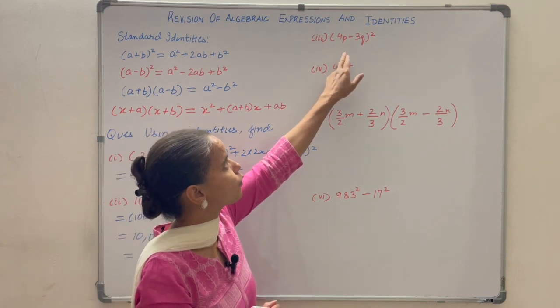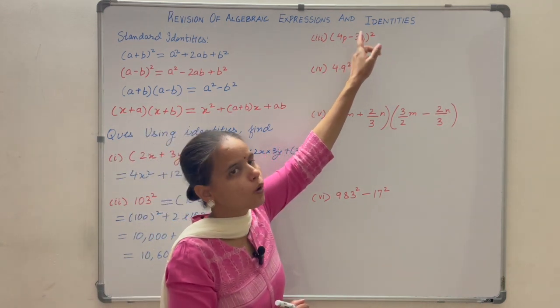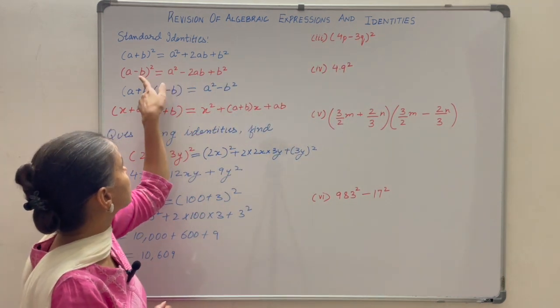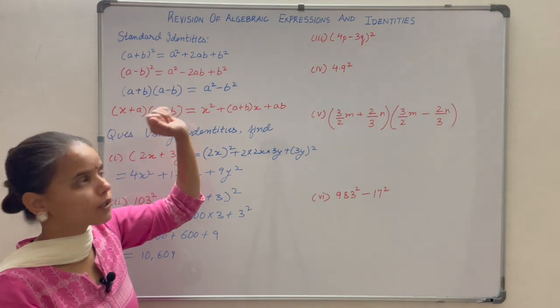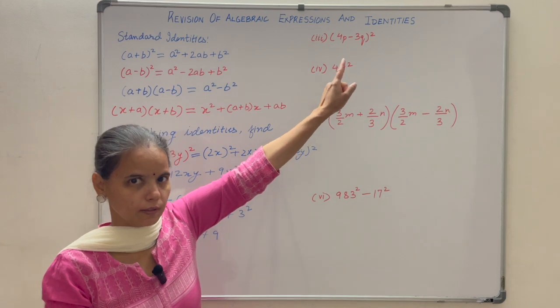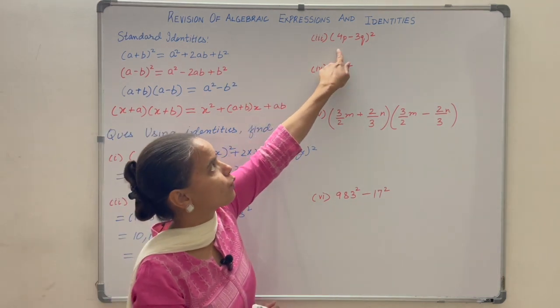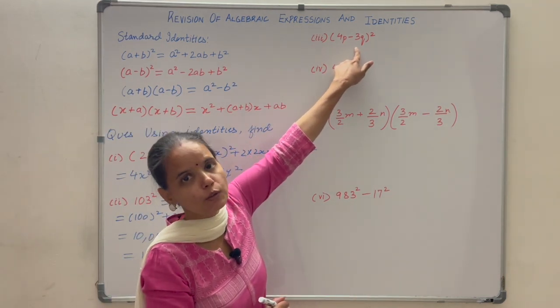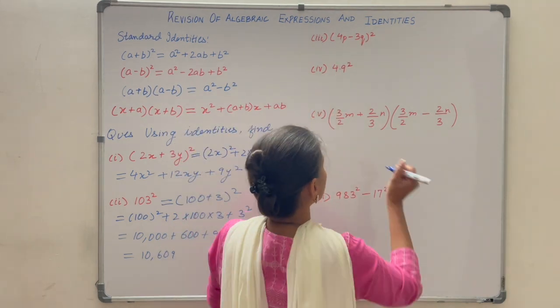Now let us discuss this question. You need to find out (4p minus 3q) whole square. This matches with (a minus b) whole square. So using (a minus b) whole square identity, we are going to solve this. So here a is your 4p and b here is your 3q. So let us use it and solve.